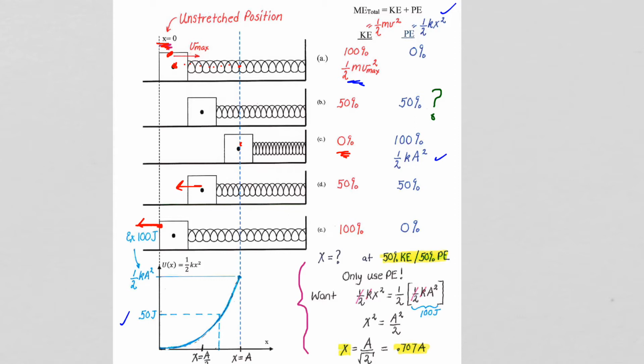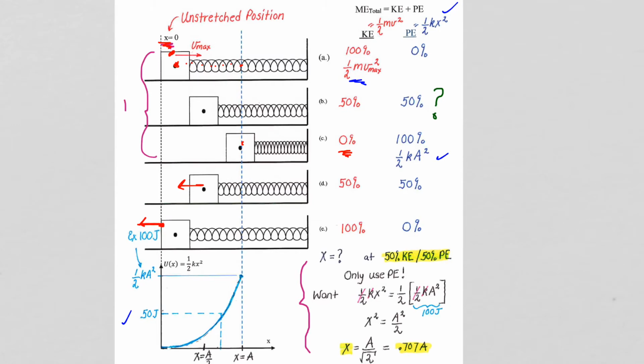Well, if we look at our potential energy function over this first quarter of a cycle, from here to here would be one quarter of the period of motion, right?